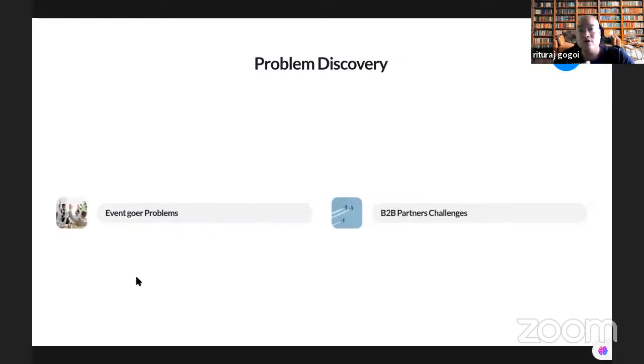And second, of course, the original targets, which were the B2B partners, like our restaurant partners as well as our sister concerns. For the purpose of today's discussion, we will focus only on the D2C or end users, the event goers like you and me, because otherwise it will be beyond the scope of this 1 hour discussion.